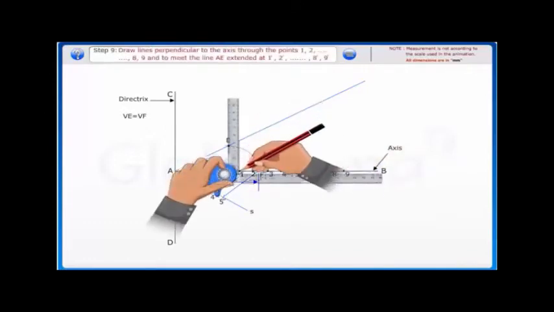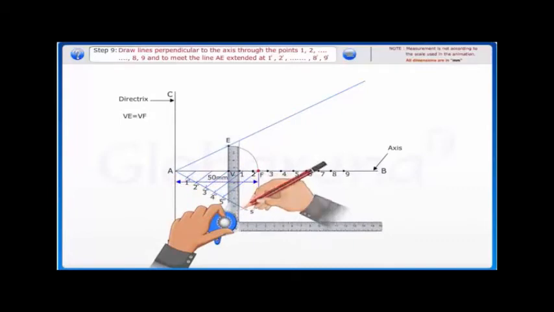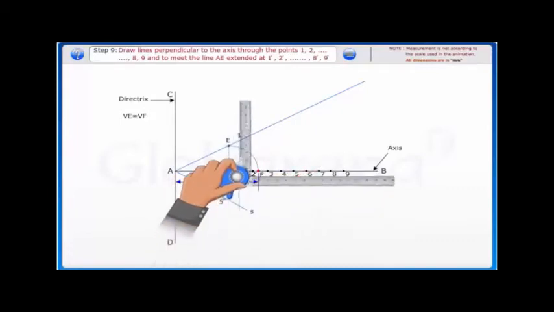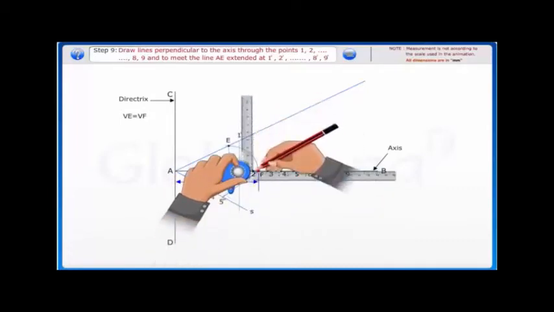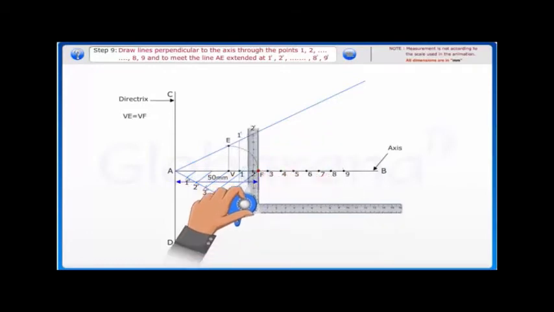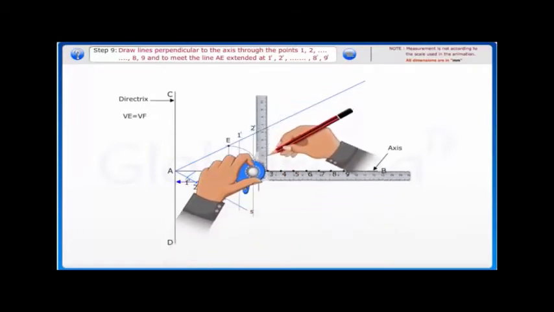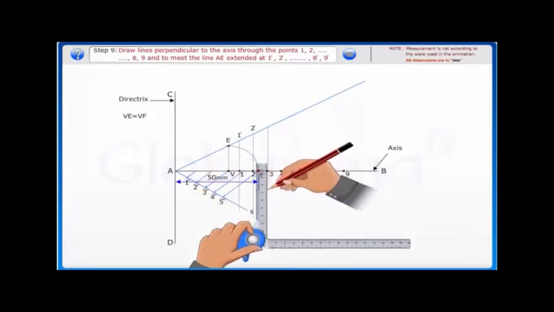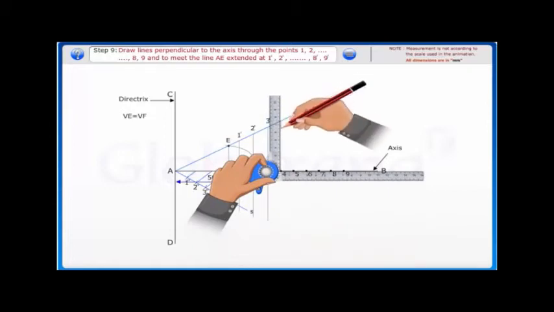Through the points 1 to 9, draw lines perpendicular to the axis to meet the line AE extended at 1', 2', 3', 4', 5', 6', 7', 8' and 9'.